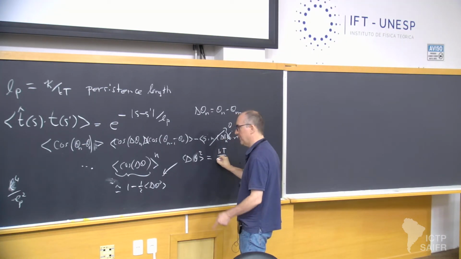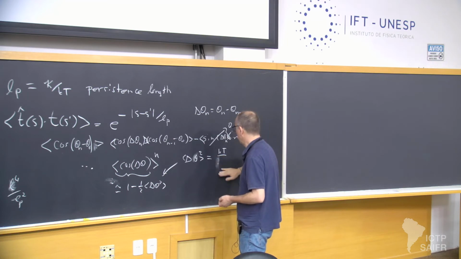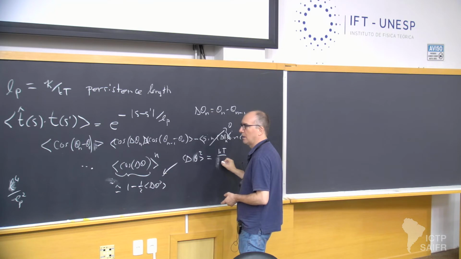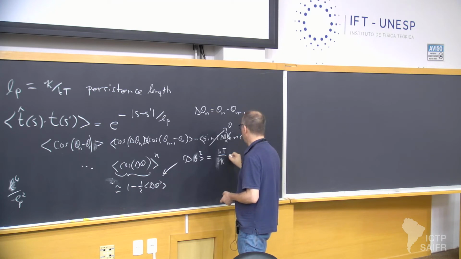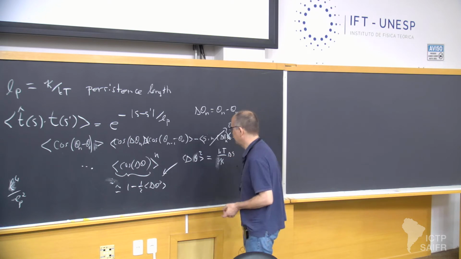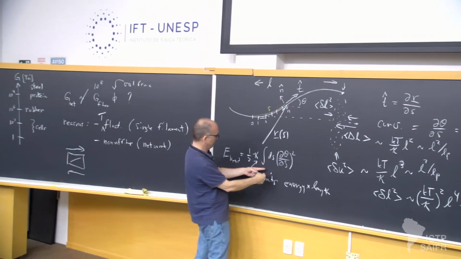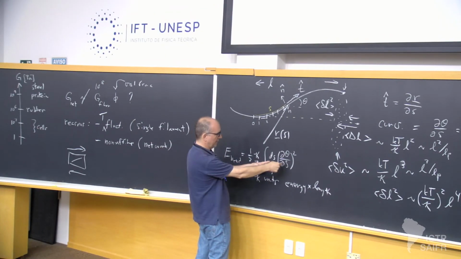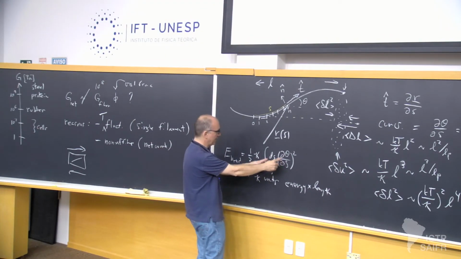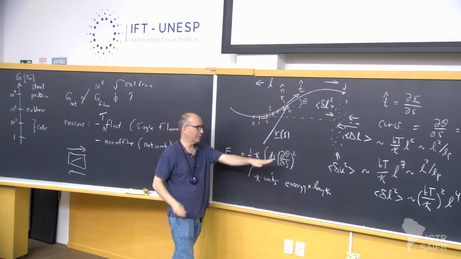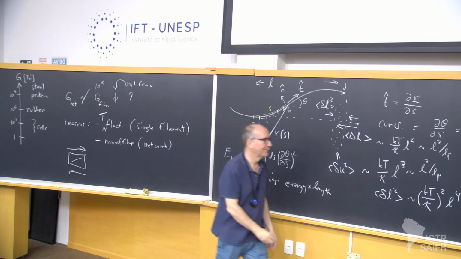kT divided by kappa, and I need a factor of delta S. Delta S is coming from the extra factor of delta S implied down here once I take it to the other side of the equation to evaluate delta theta.